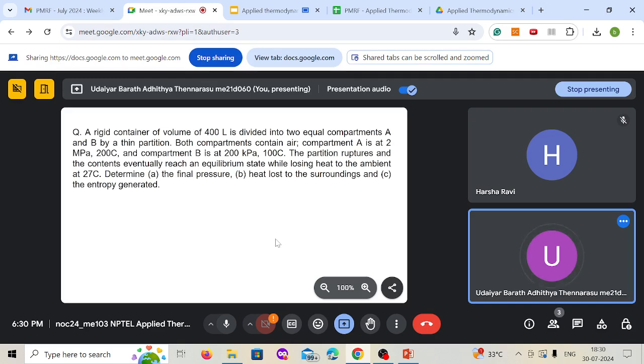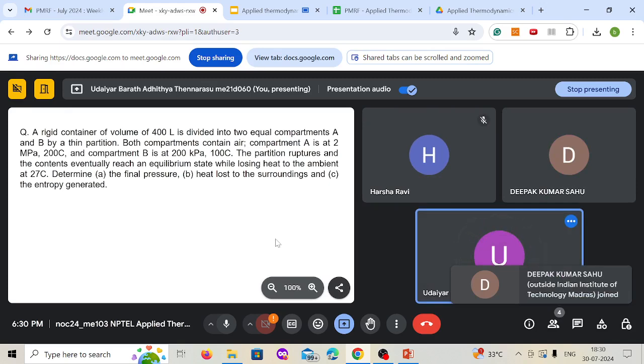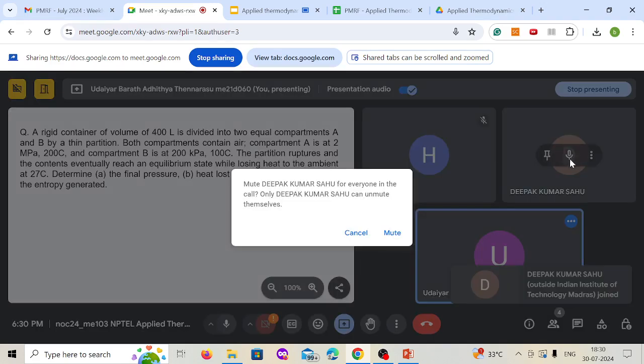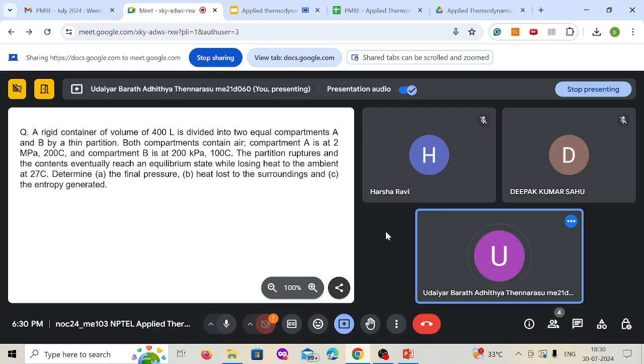So there are both pressure and temperature differences. Now the partition ruptures and the contents reach an equilibrium state while losing heat to the ambient. After losing heat, it will reach the ambient temperature, which is 27 degrees Celsius. So determine the final pressure, heat lost to the surroundings, and entropy generated.